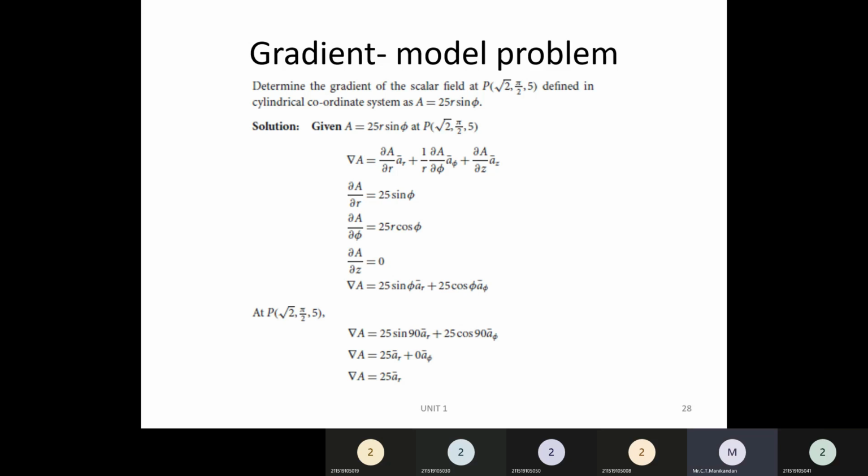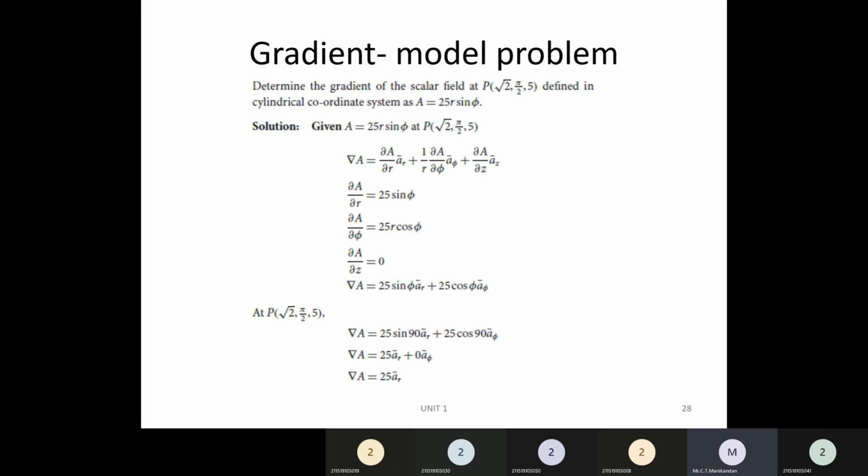By seeing the points itself, we can determine whether it is a cylindrical, Cartesian, or spherical coordinate system. A spherical coordinate system has r, theta, and phi. A cylindrical coordinate system has rho, phi, and z.